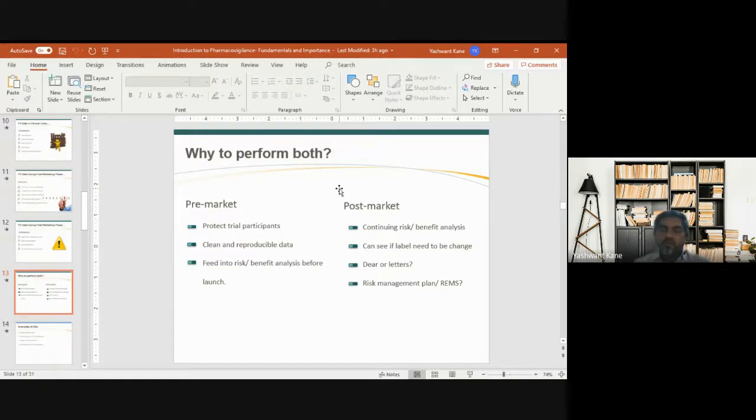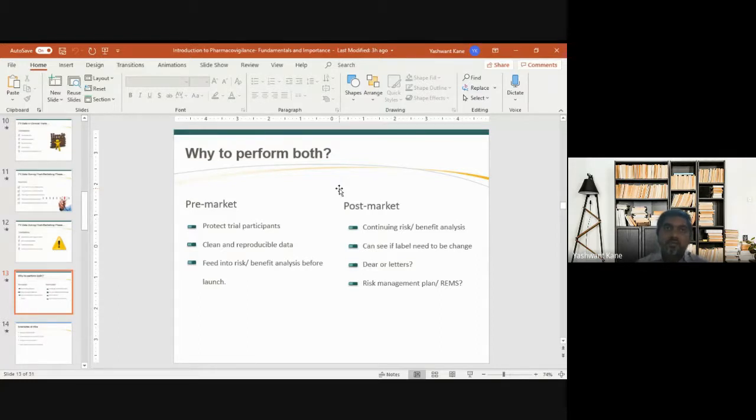Clean and reproducible data: even if you take one set of patients or one clinical trial setup and get some observations, and you run the same setup at another place, you should be getting the same data, and it should be reproducible.